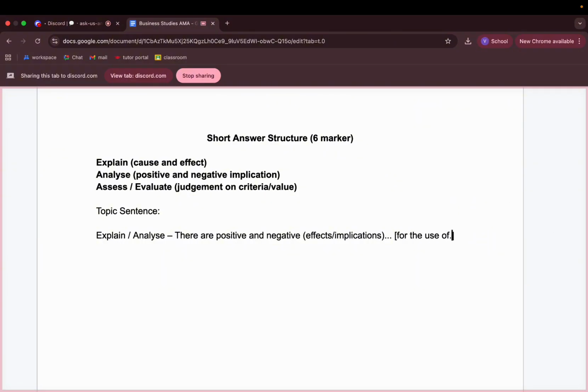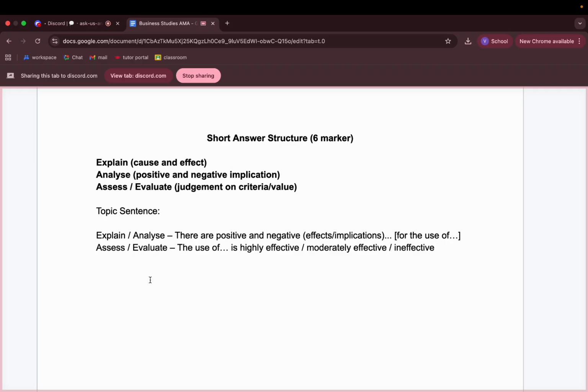For an assess/evaluate, we would say the use of whatever the topic might be is highly effective, moderately effective, effective, or ineffective.